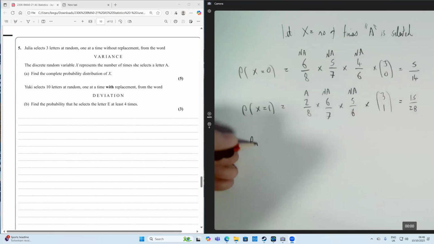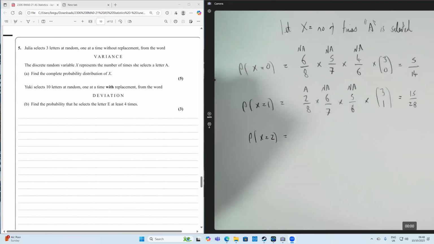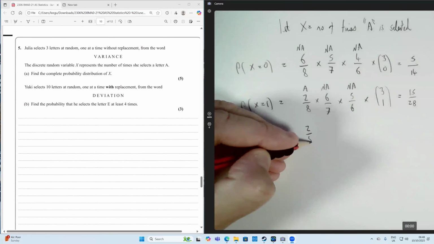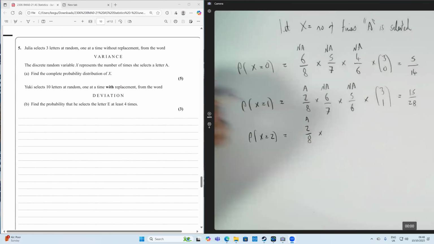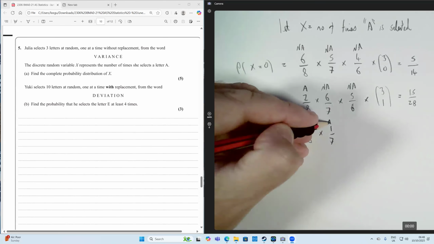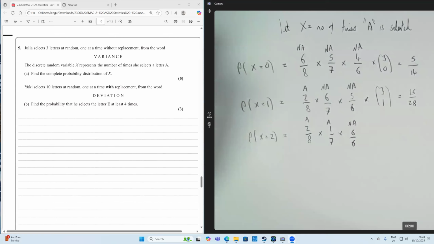All right, next, the probability that x equals 2, that Julia selects 2 A's. So let's imagine she selects an A first time, which is 2/8. She selects an A second time, so now it's going to be 1/7. And then not A, which is going to be 6 over the remaining 6.